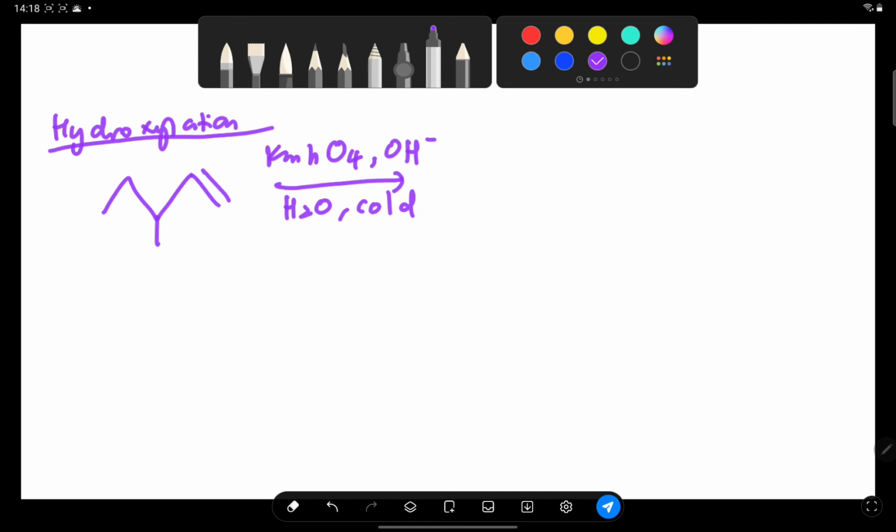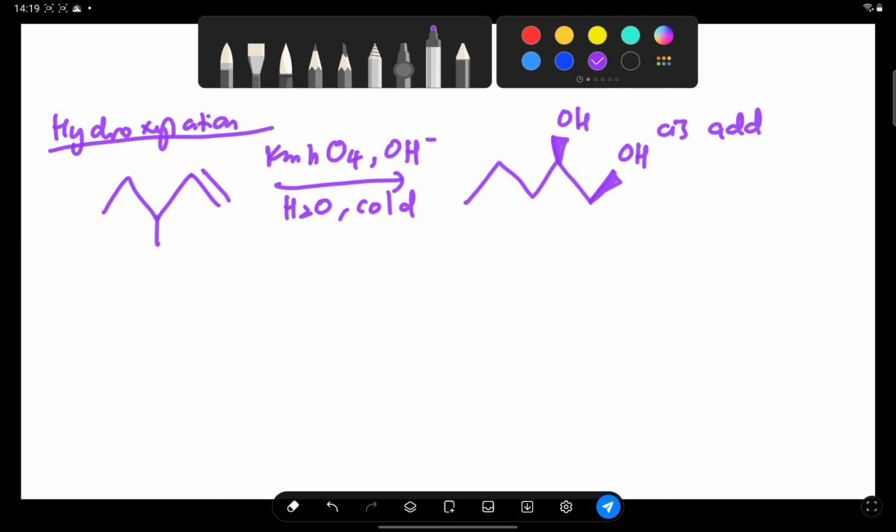Cold means at room temperature. So you will produce OH that will add at the carbon-carbon double bond with cis addition. Means that OH will be at the same side of the carbon-carbon double bond. Okay.